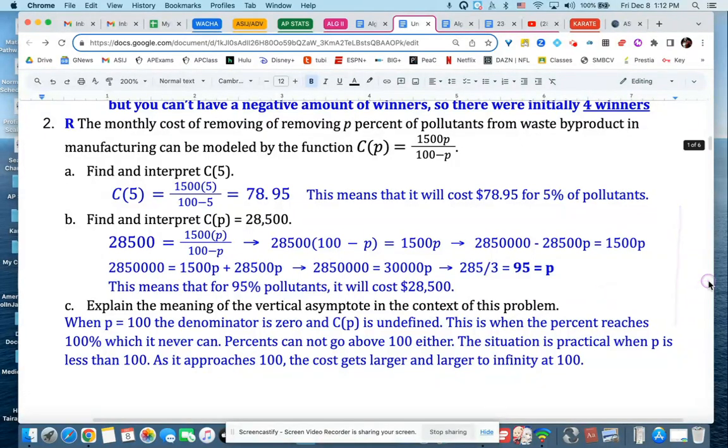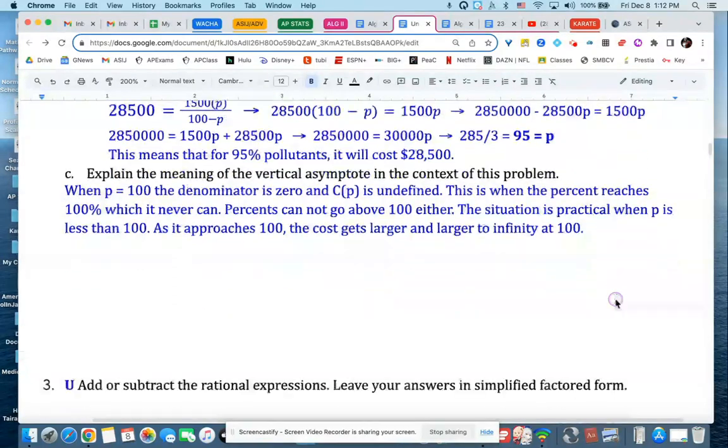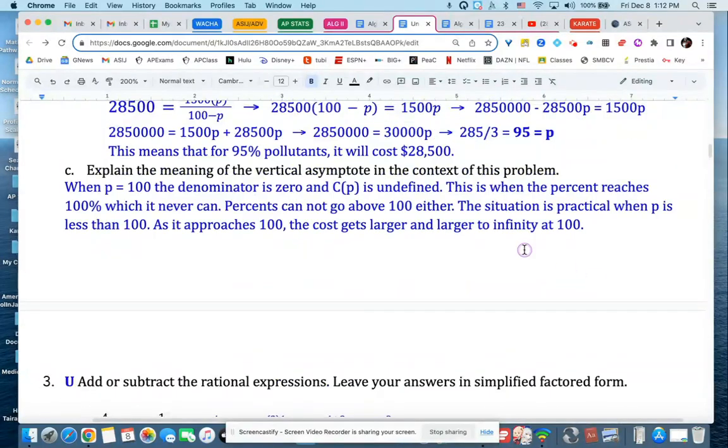Whoops, let me graph this out differently. Let me find some space here. Here we go. I got a little space right here. So if I were to graph this out and I go from a pollutant percentage of 0 up to 100, I'm going to have a vertical asymptote at 100. And this is going to probably shoot off, like my cost is going to get higher and higher and higher as I get more and more pollutants in it, right?